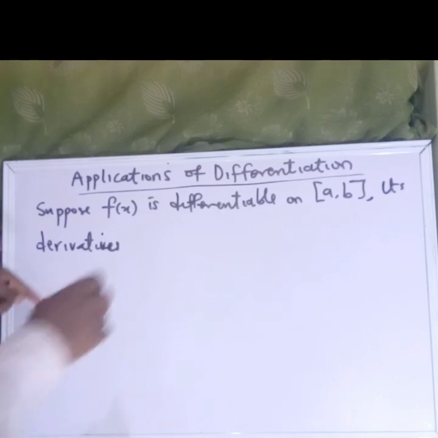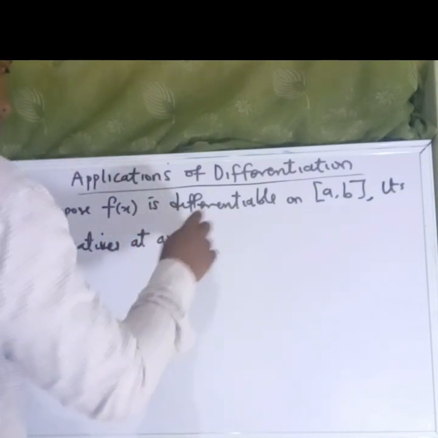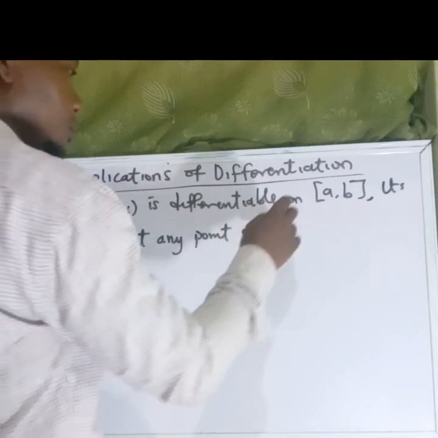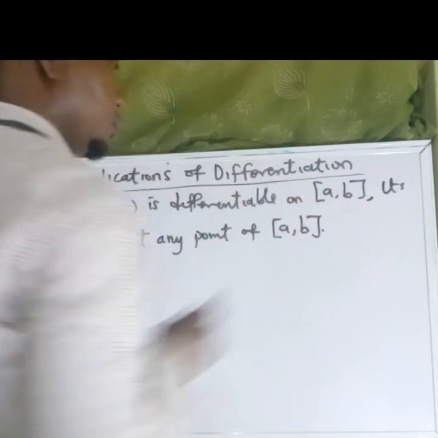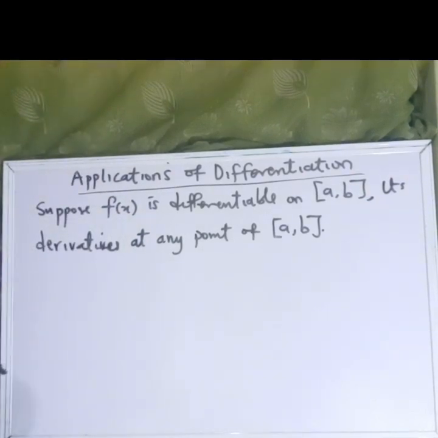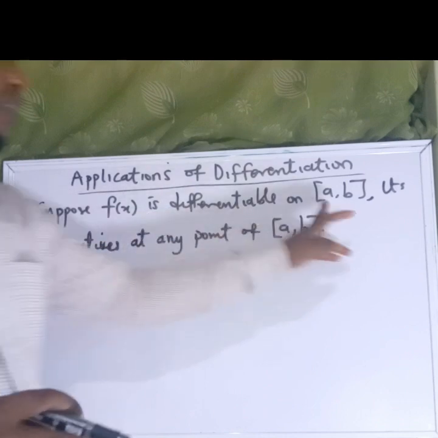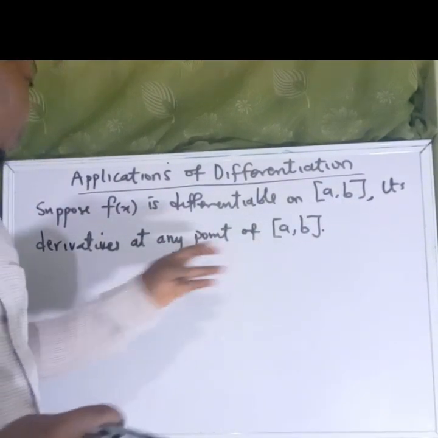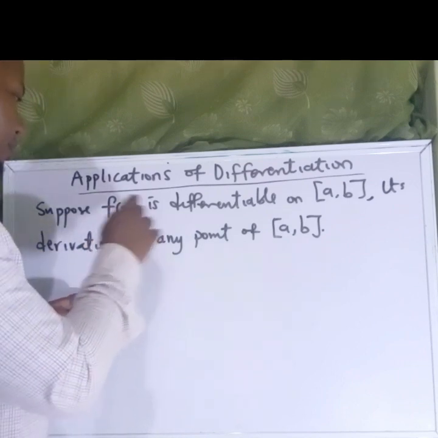Or exists at any point, excuse me. So if this function is differentiable on this interval, its derivative also exists at any point of the interval.